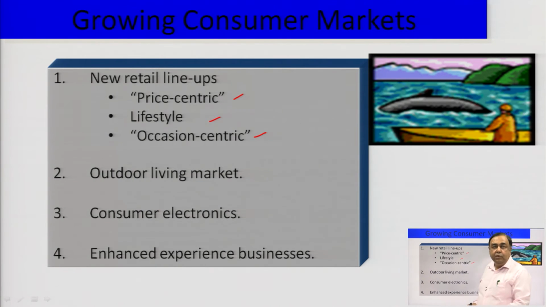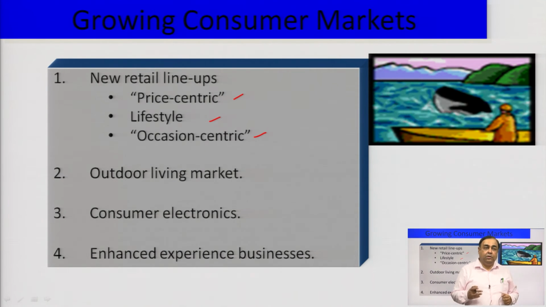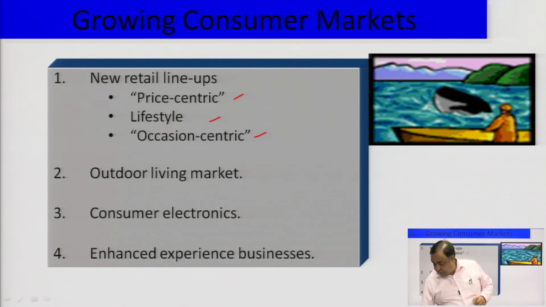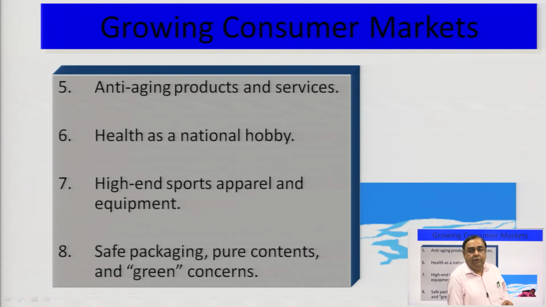Apart from them, we have the outdoor living market, consumer electronics, and enhanced experience in the business. We also have anti-aging products and services. Health has now become a national hobby.